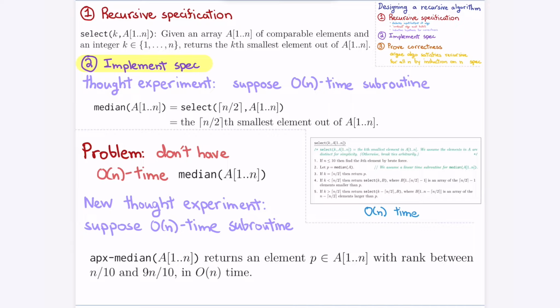How might we revise our algorithm? How can we use this subroutine instead? Any ideas?